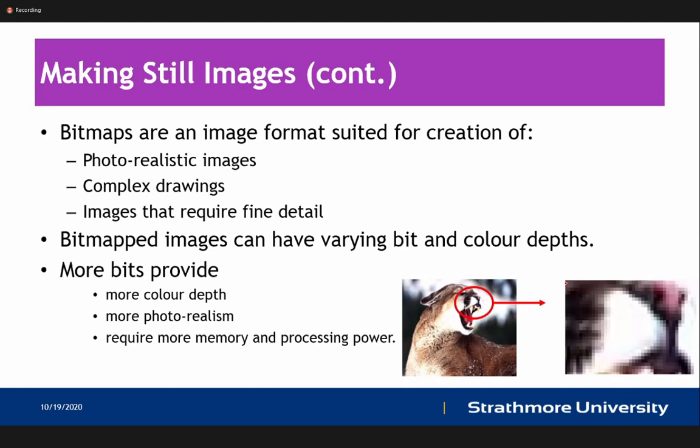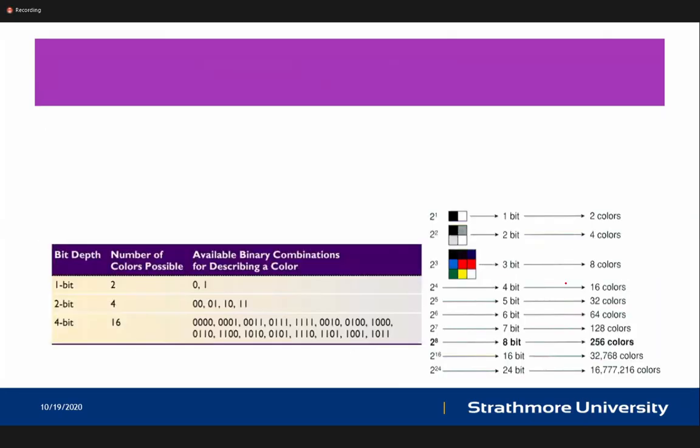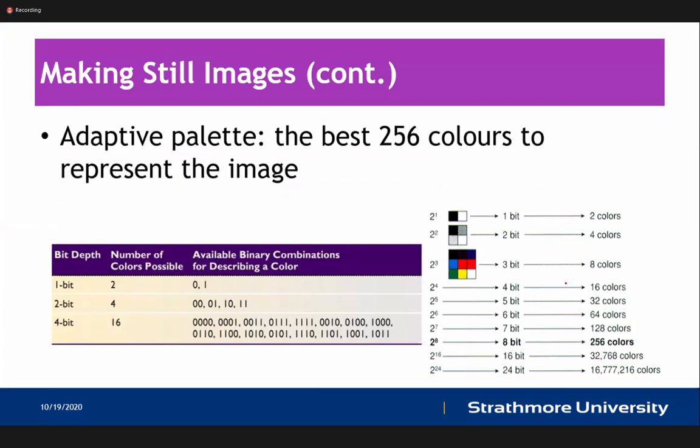Now, when it comes to color depth, a one bit will have a possibility of two colors, that is 0 and 1.